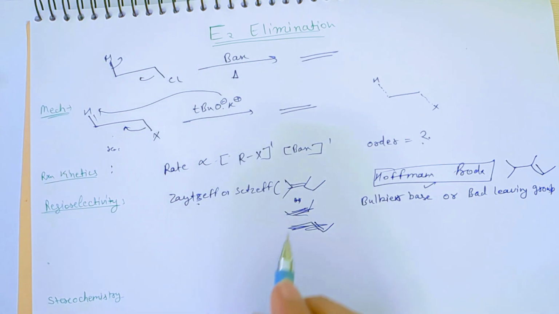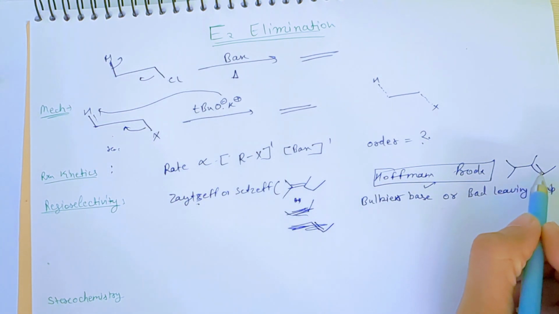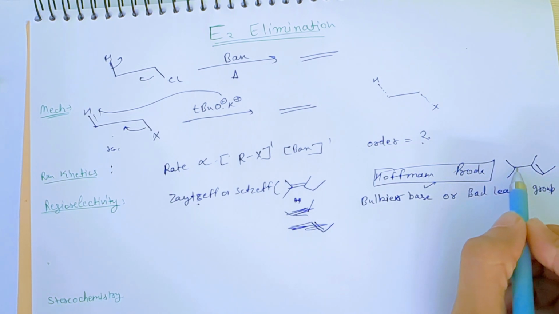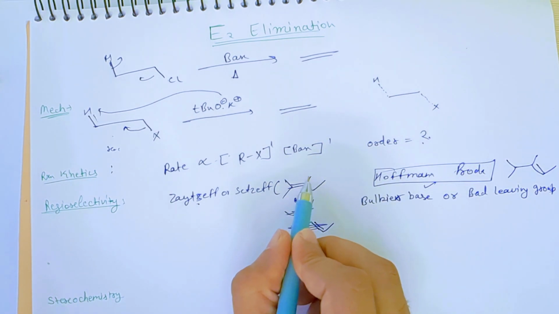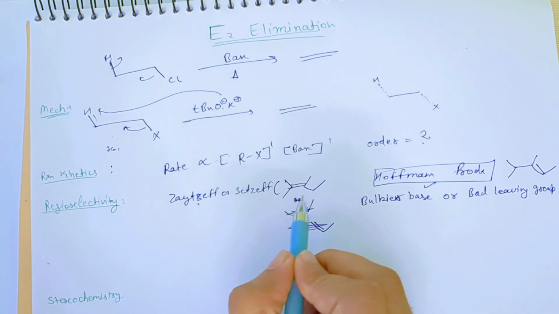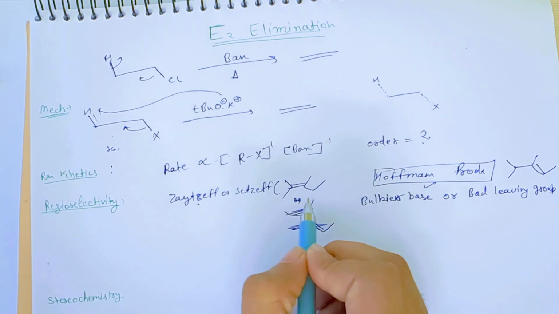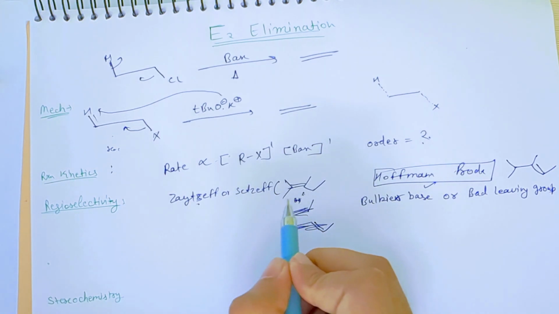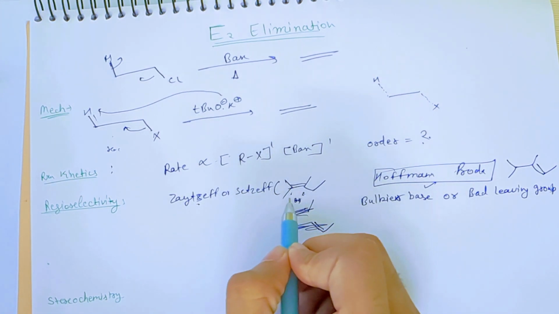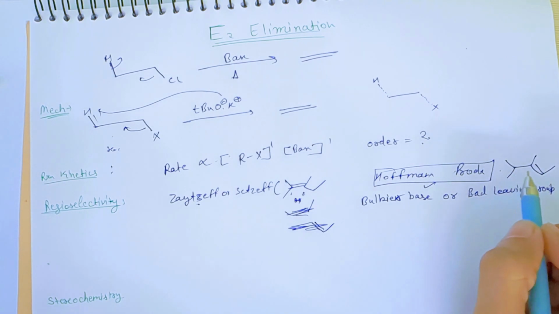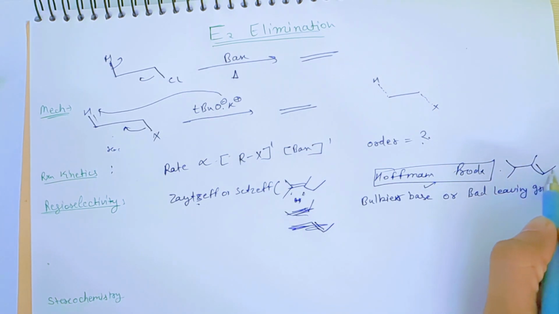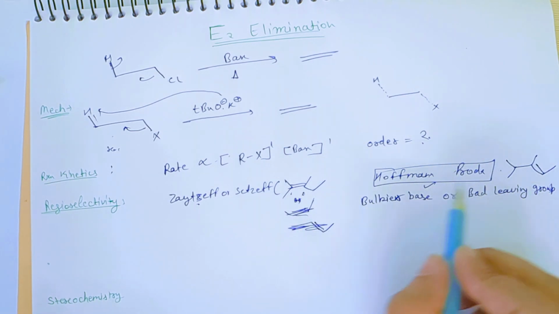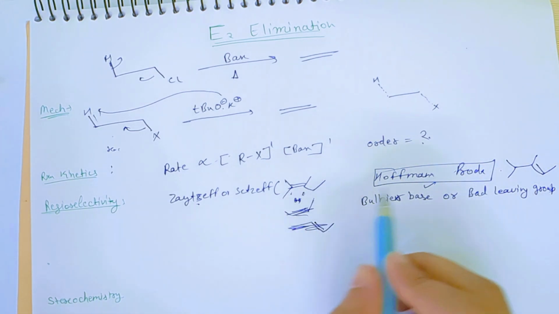Okay, so here you can see it is less substituted because it has 7 alpha hydrogens, and the other has 11 alpha hydrogens. So it is more substituted, we can say more number of alpha hydrogens. That's why it is the Zaitsev product, and it is the Hofmann product because it has fewer alpha hydrogens as compared to this alkene. But the structure we can say both species have the same.